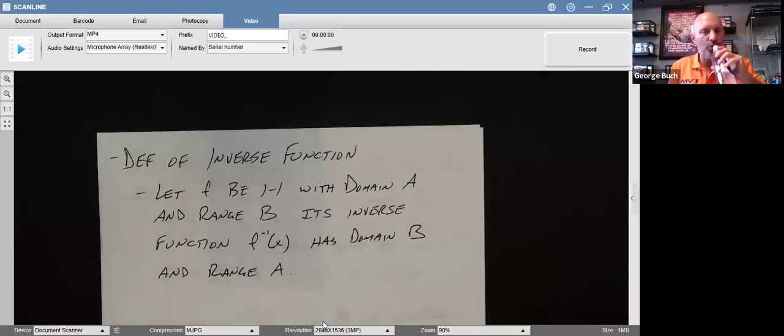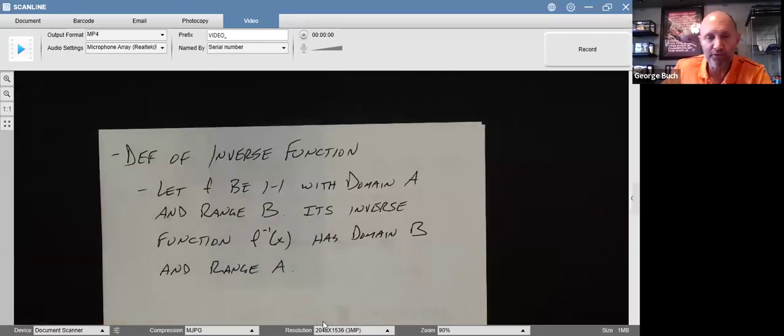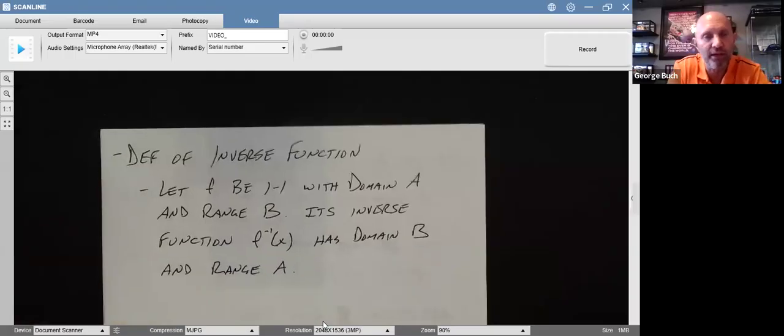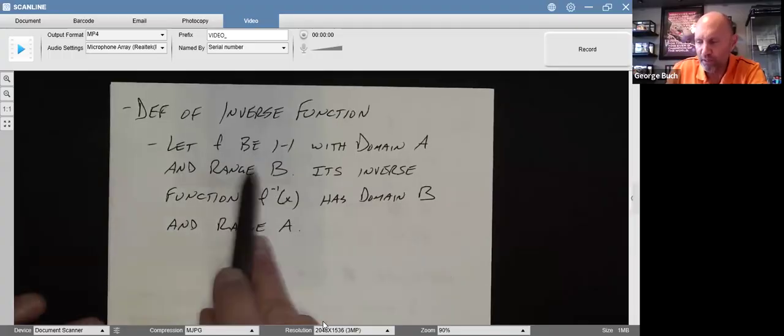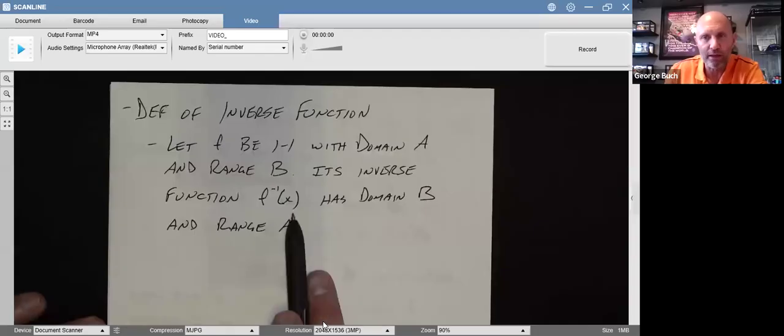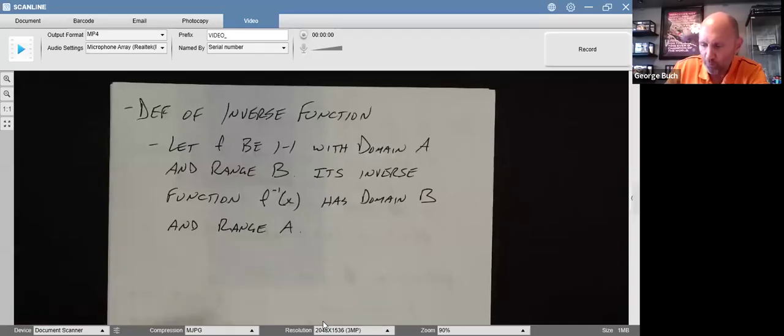So if I know that, let's say, the range of my base function is 0 to infinity, and I ask you, okay, then what's the domain of the inverse function? Well, if the range of the regular function is 0 to infinity, then the domain of the inverse is 0 to infinity. Don't complicate it.